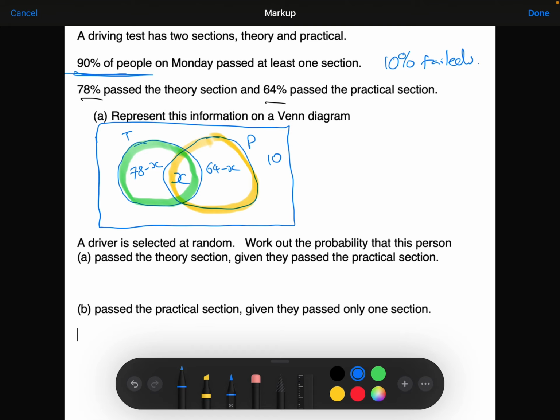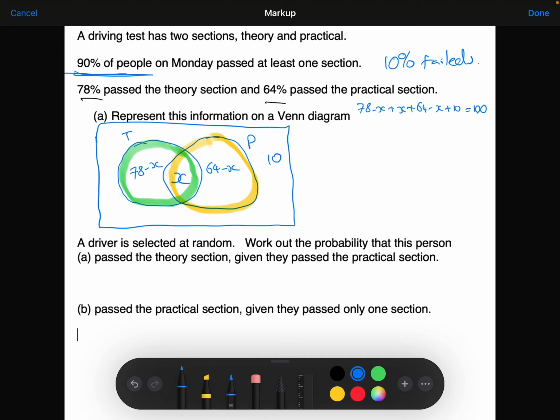Now, I know that all of these numbers inside here will add up to 100%. So I can form an equation here. I can say that 78 minus X plus 64 minus X plus 10 equals 100.